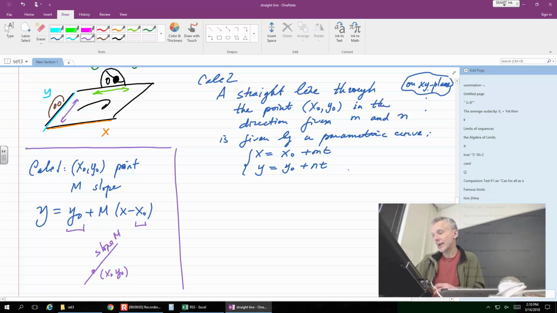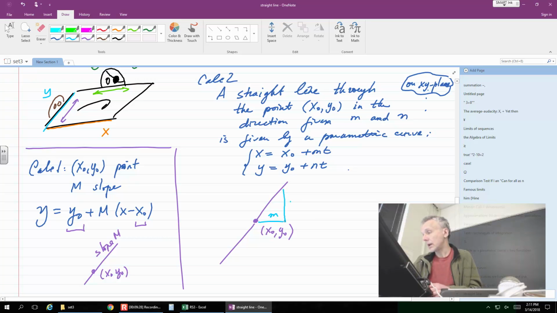Now the calculus 2 setup: this part is the same, the point x naught, y naught, but instead of one number for the slope, we have two numbers indicating horizontal and vertical progress. This is m, and this is n.